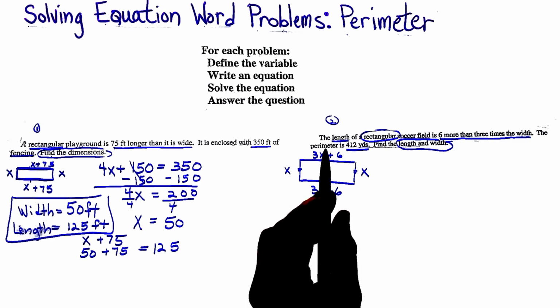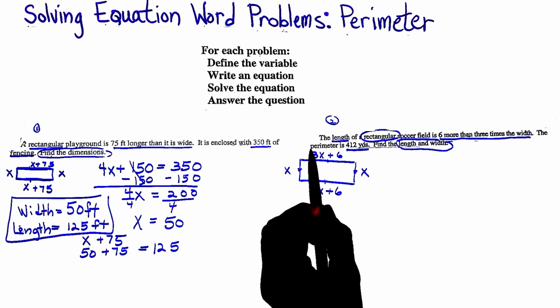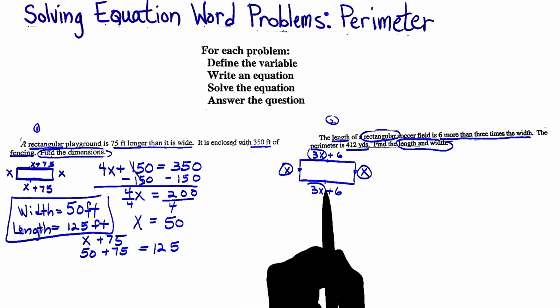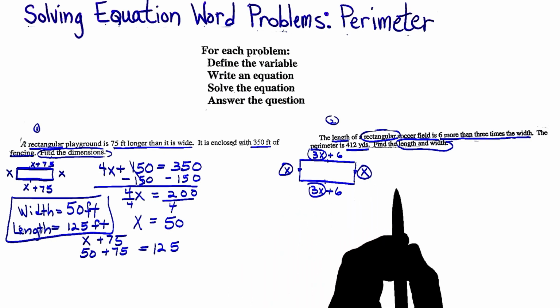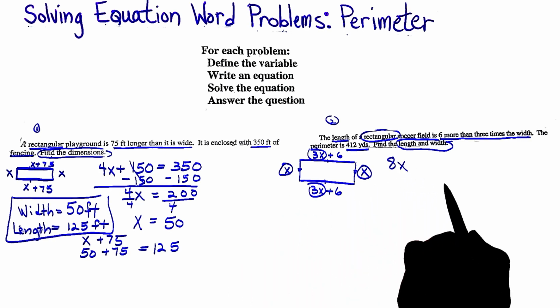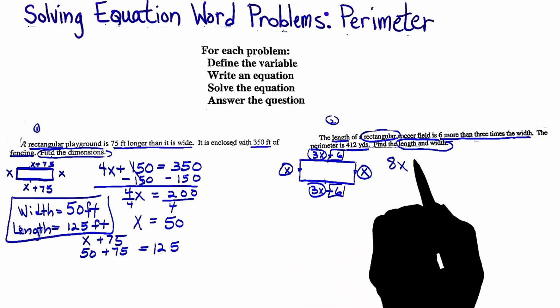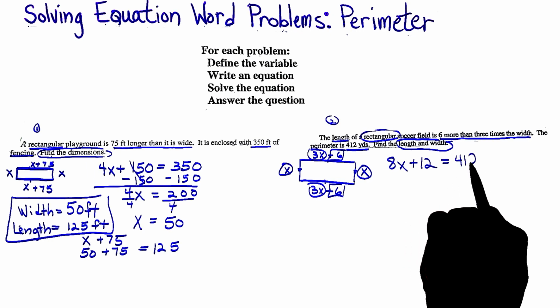Looking at our drawings, I'm going to add all my x's together. And there they are. 3 plus 3 is 6, and 2 more is 8. So I'm writing 8x. I see that I have 12 to add to that, and that's going to equal 412.